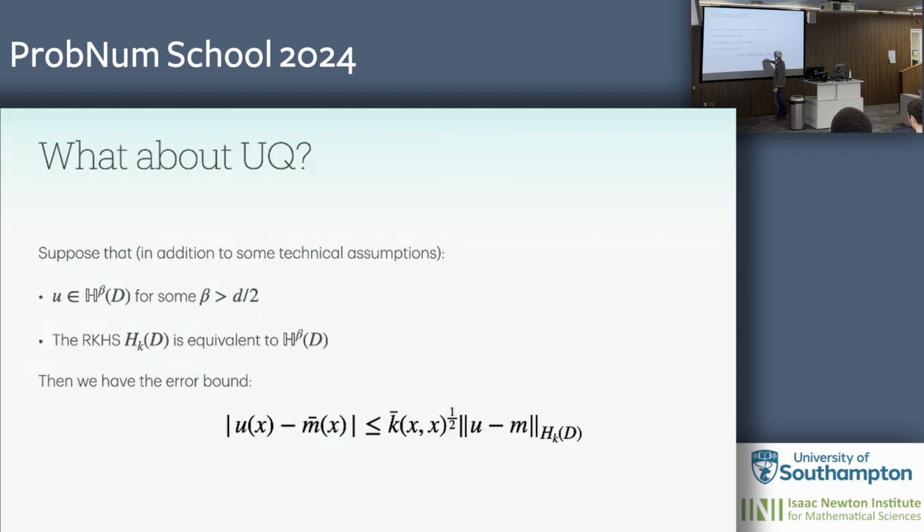Then we can derive an error bound like this, which basically says that the error I make if I interpret my posterior mean as an estimate of the solution, so this point-wise error, can be bounded above by this error in the RKHS norm, U minus m, which is the difference between the solution and the posterior mean, multiplied by the square root of the covariance at that location.